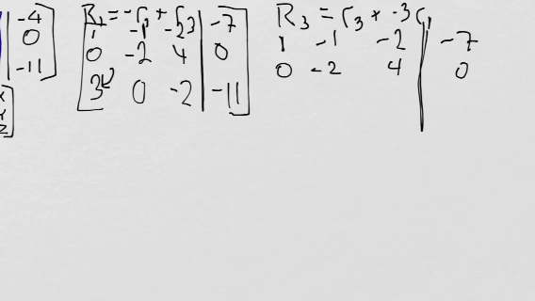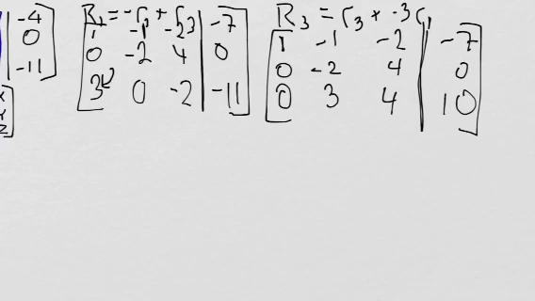This one is going to be 0, because that's what we're trying to do, and then 3, 4, 10. So that's the end of that step.